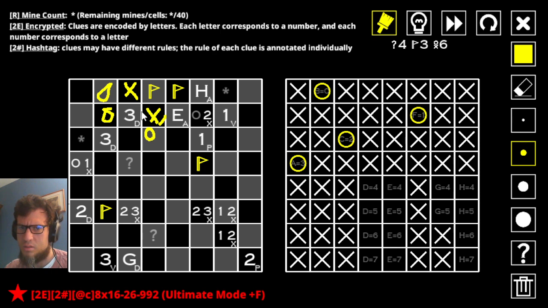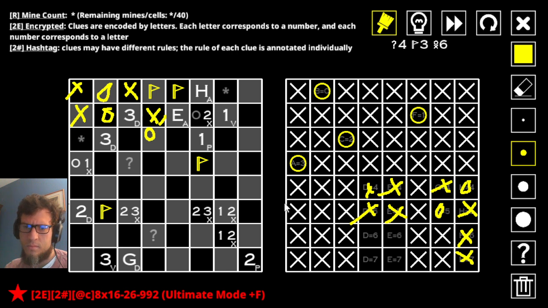Okay. And then this 3 deviation says it would have to do that, right? Okay. And that would make H4, which would make G5. And E would then be at least 6, so we need 1.